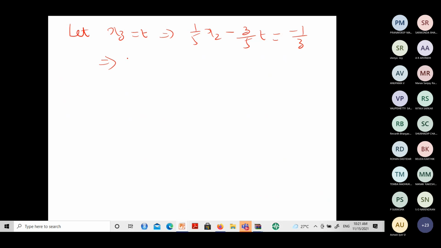So that means x2 by 5 is equal to minus 1 by 3 plus 3 by 5 t. So x2 multiplied by 5 is minus 5 by 3 plus 3t. x3 is t, x2 is this.